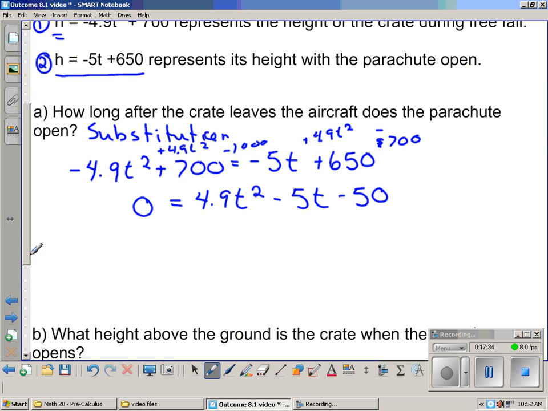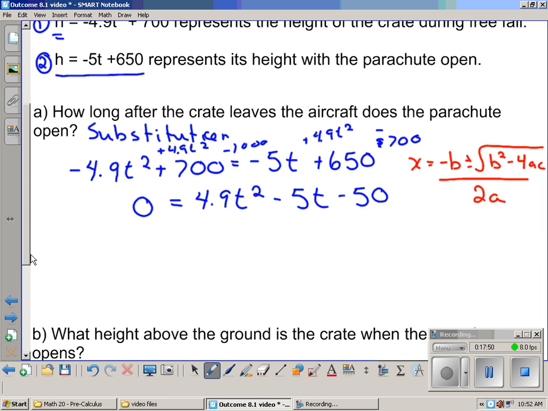Remember that our quadratic formula is that x equals negative b plus or minus the square root of b squared minus 4ac all over 2a.